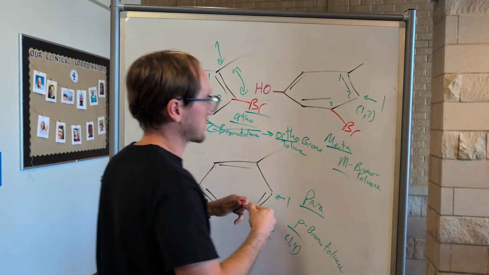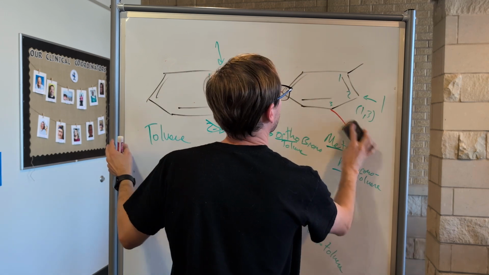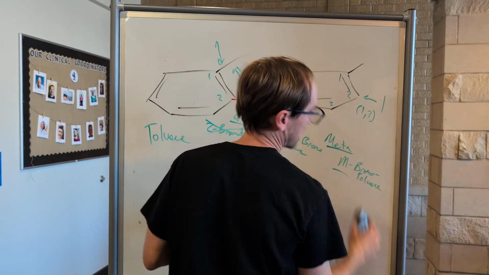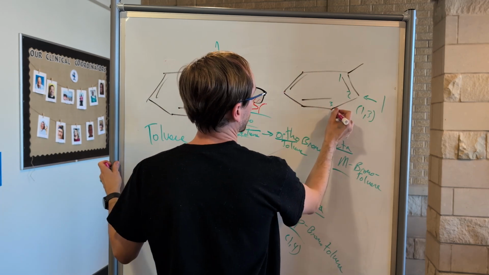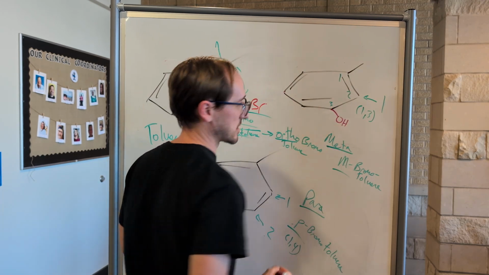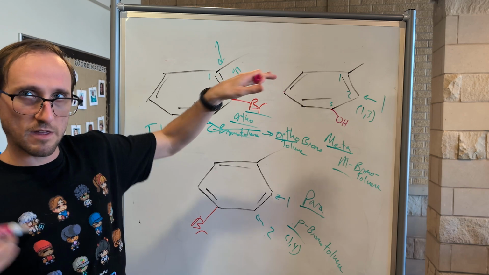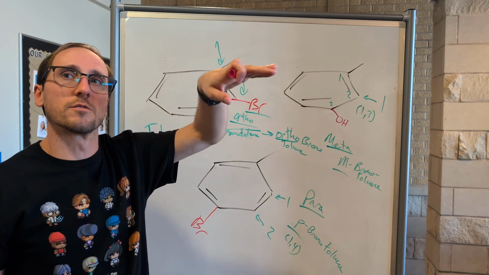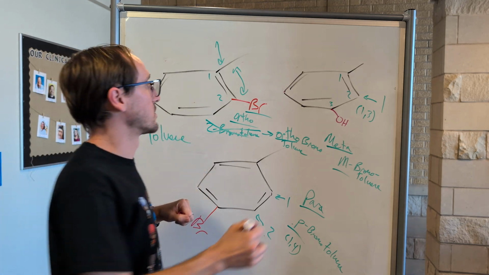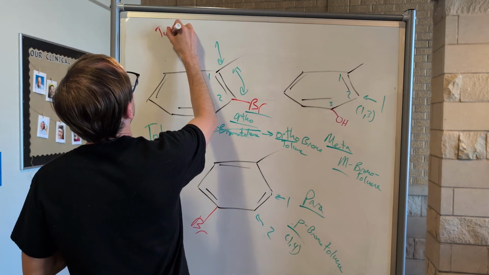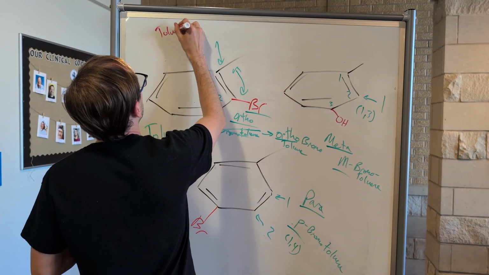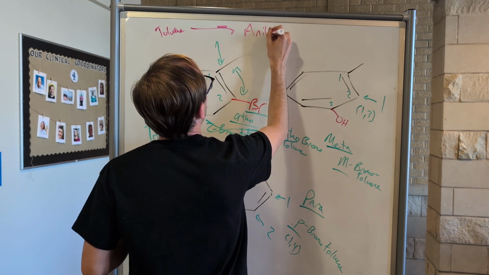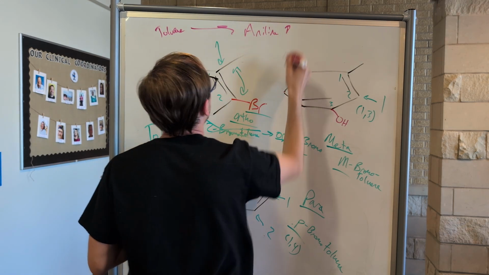So if this isn't here, and this is still a meta group, and this is an OH instead. In terms of that list that he gave us, he gave it to us in increasing order of priority, to where toluene is the lowest priority, and aniline is the highest priority.